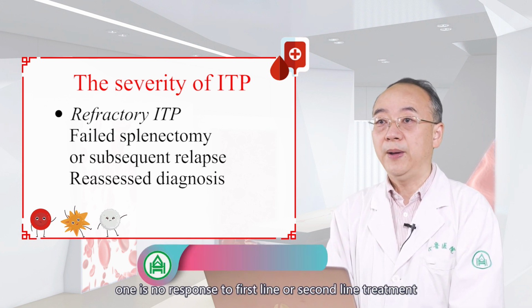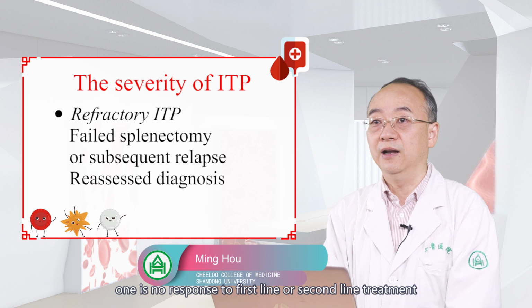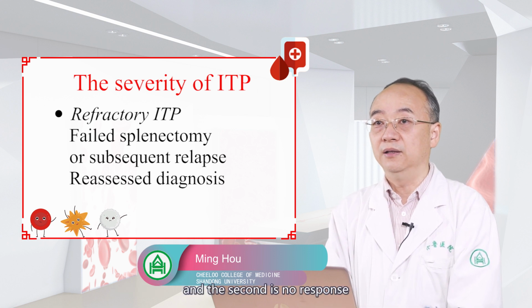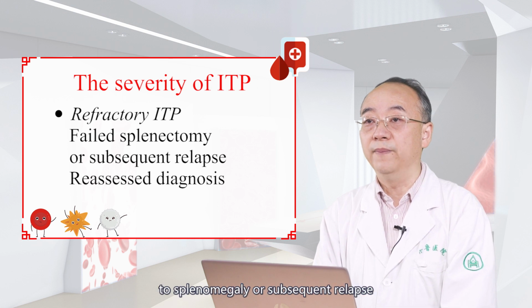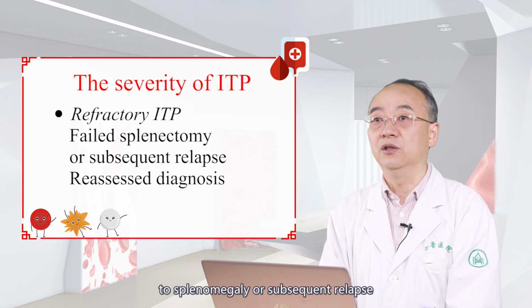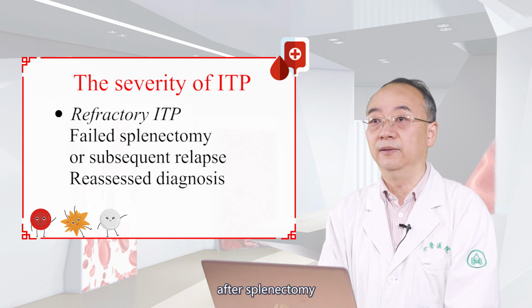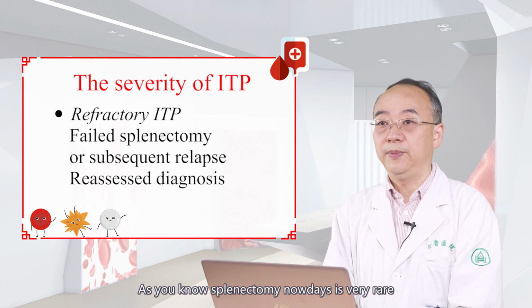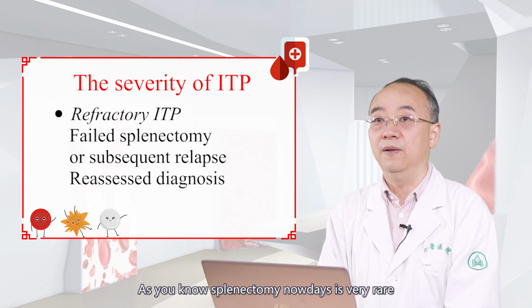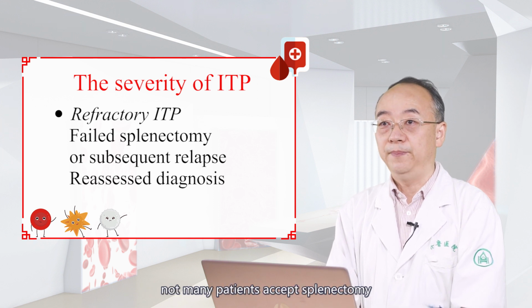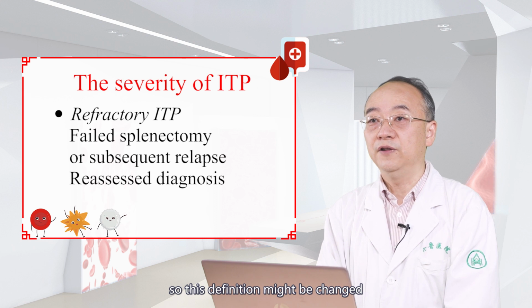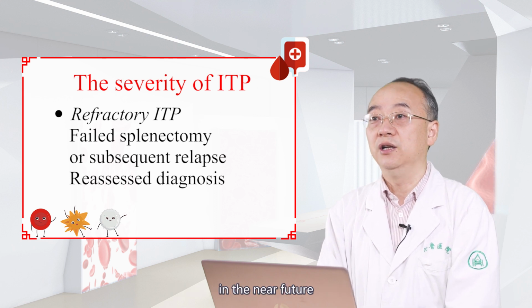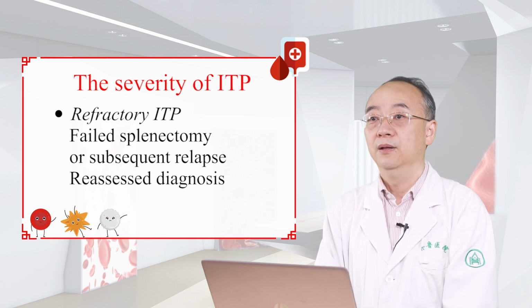One is no response to first-line or second-line treatment, and the second is no response to splenectomy or subsequent relapse after splenectomy. As you know, splenectomy nowadays is very rare. Not many patients accept splenectomy. So this definition might be changed in the near future. Thank you very much.